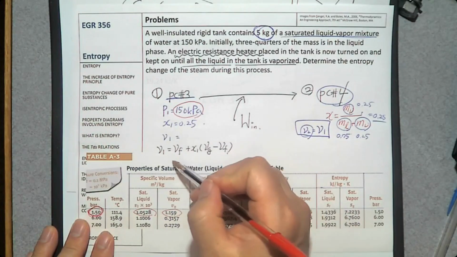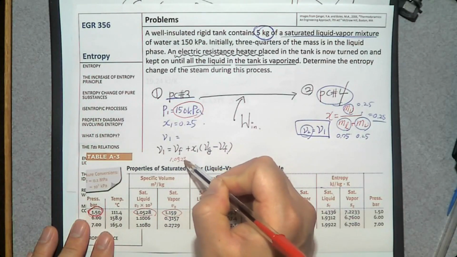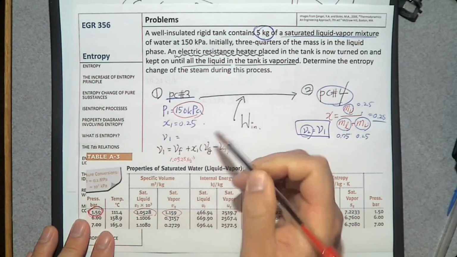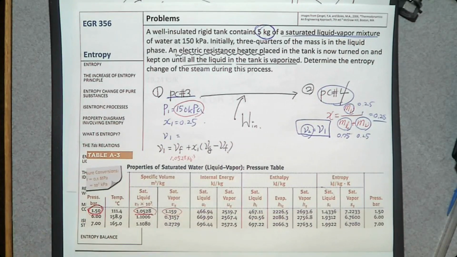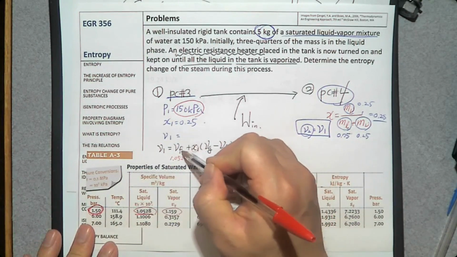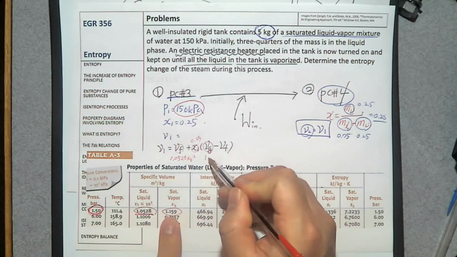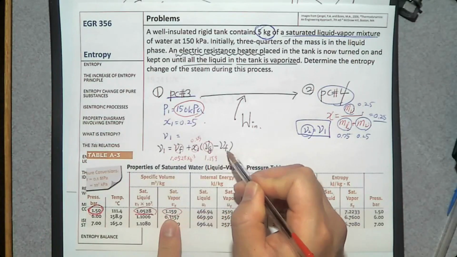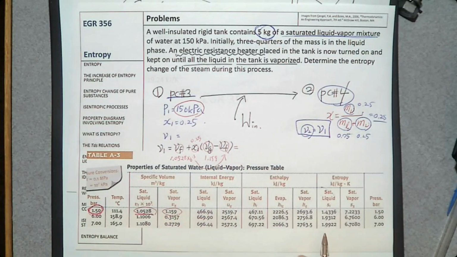So I'm going to write it here. This is 1.0528 times 10 to the minus 3. Remember, this number is after multiplying by 1,000 because actual Vf is very small. So you need to divide by 1,000. Quality X is 0.25. Vg is 1.159. Vf is again this number. So can you determine V1? Yes, we can.